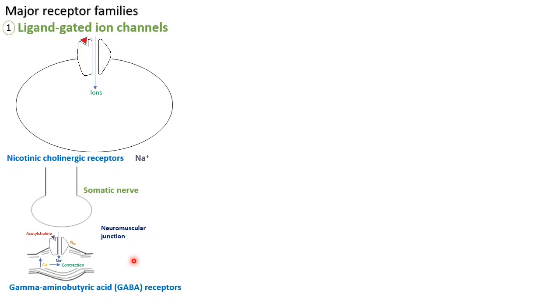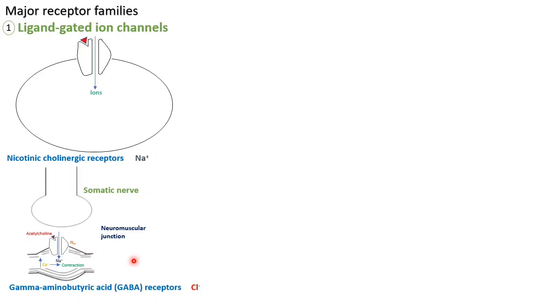And why is GABA an inhibitory neurotransmitter? Because when GABA, which is the agonist of these receptors, binds to them, it causes the influx of chloride inside the cell.